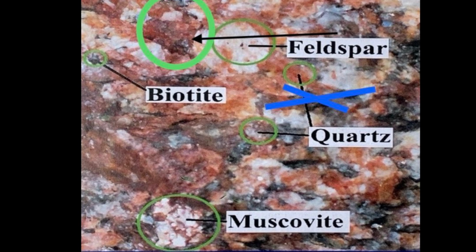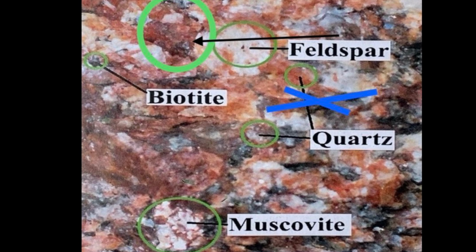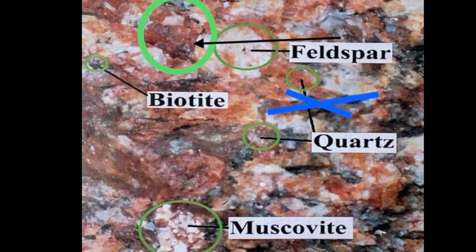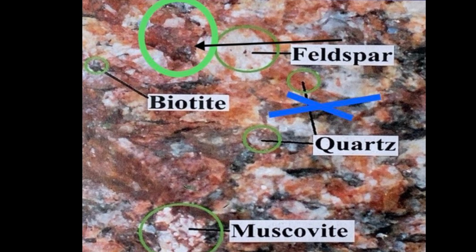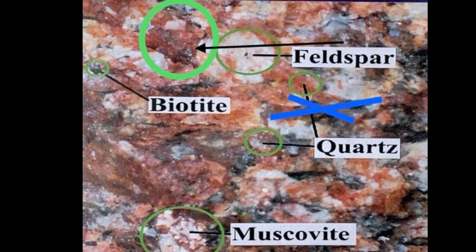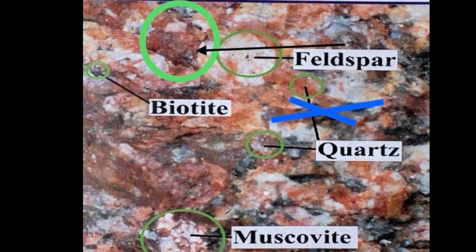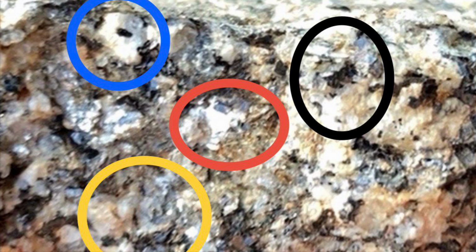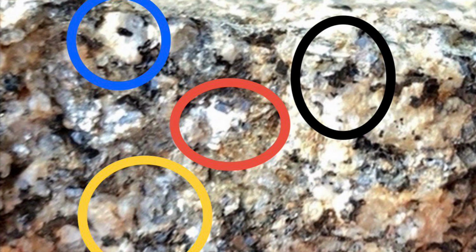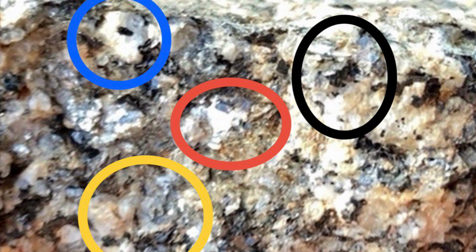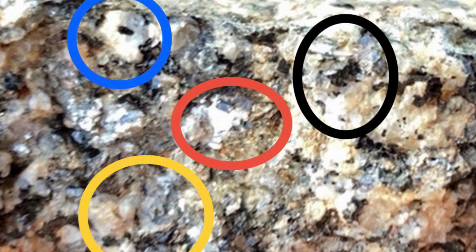Yet another hunk of granite with clear quartz, orangey potassium feldspar, white sodium feldspar, black biotite, and a little bit of muscovite. And here's our last granite example. Can you identify what's in each of the circles? I bet you can.